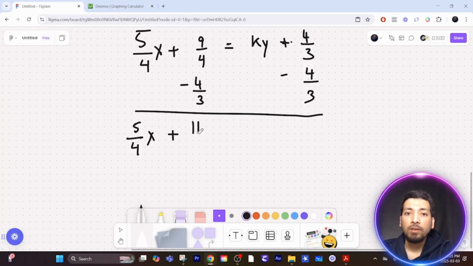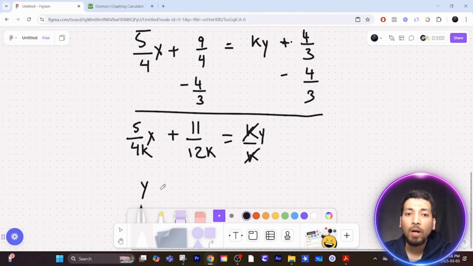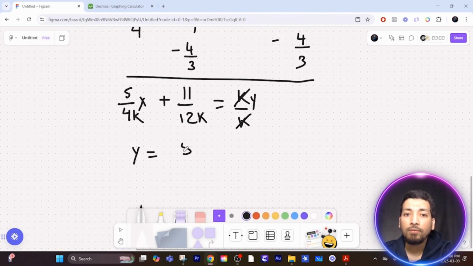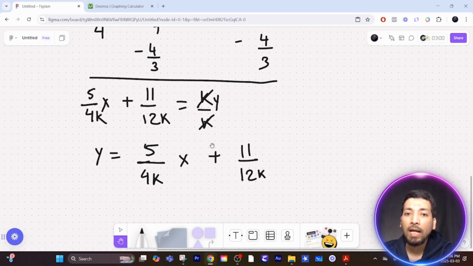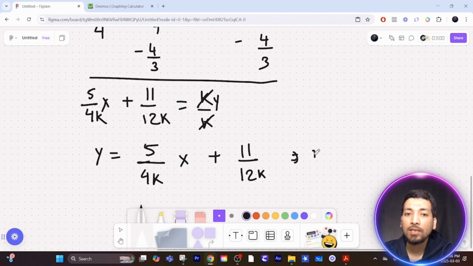We are getting 11 over 12 is equal to ky. So now we divide both sides by k because we want to isolate the variable y. So we have y is equal to 5 over 4k x plus 11 over 12k. So now over here, we know that the slope is 5 over 4k.